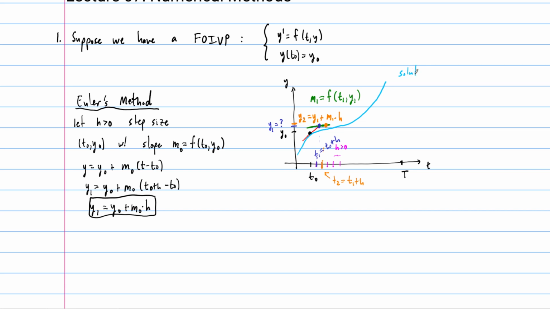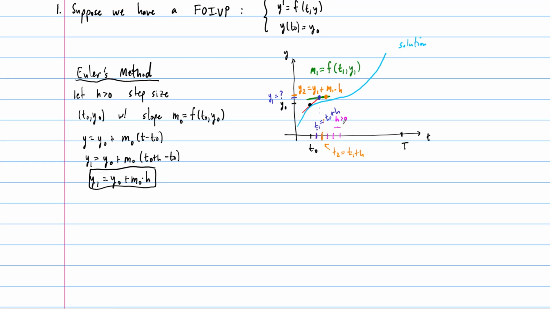This is the actual solution. And so notice the second you take the tangent line, you're going to stray from the actual curve. Maybe the next one brings you a little closer, but maybe you get further away. And as you move along, there are ways to measure this, and we'll study that, especially in the exercises for this section. Okay, let's write down the algorithm.